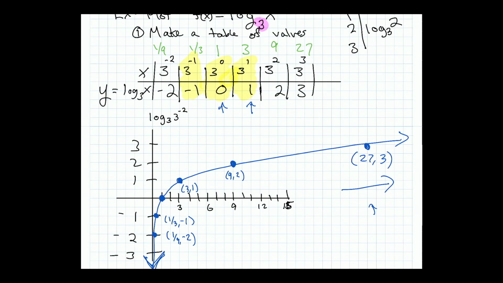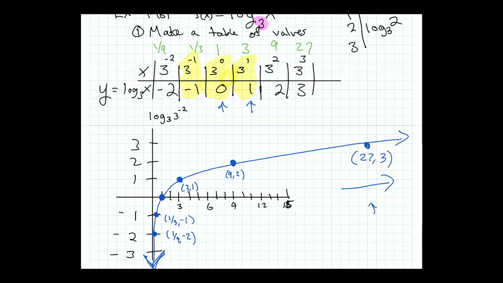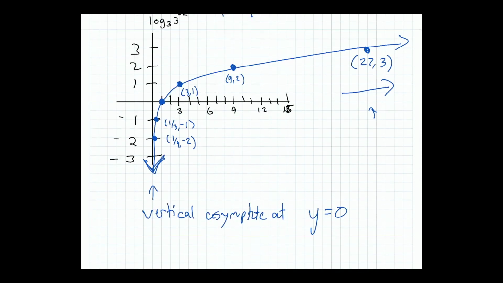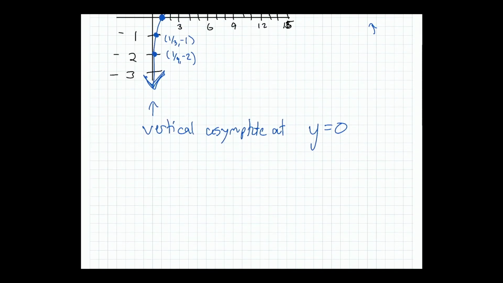If I couldn't, then you just add one there and one there, and that would definitely be enough. So you just plot 3 or 4 points. You need to make sure that the x values you choose are powers of the base. Okay? And that's how you make a graph.